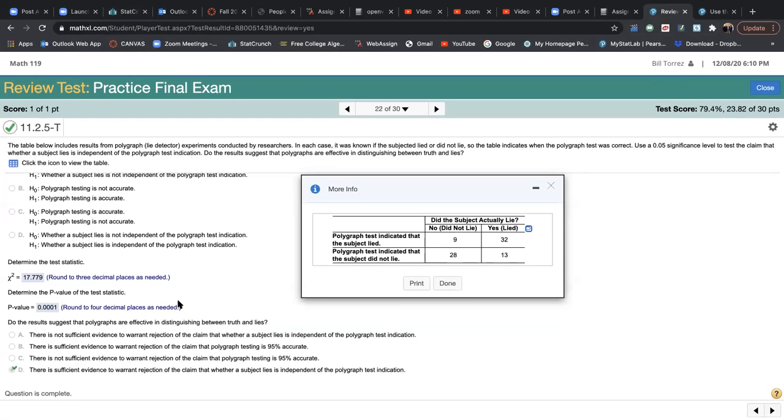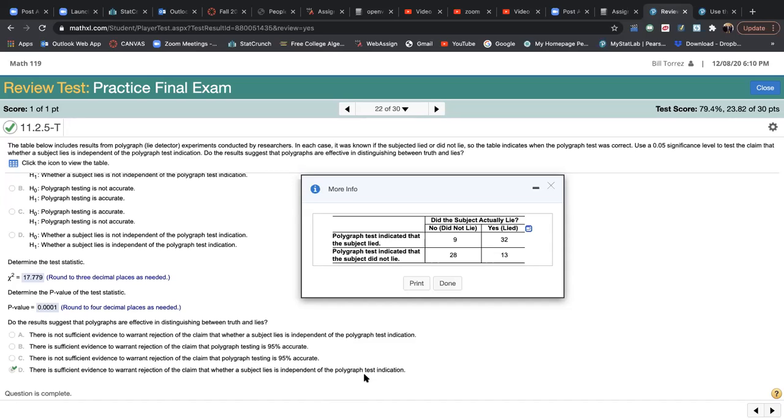P-value is low, so H naught is a no-go, so we're going to reject. And so there is sufficient evidence to warrant the claim that whether a subject lies is independent, okay, of the polygraph test indication.